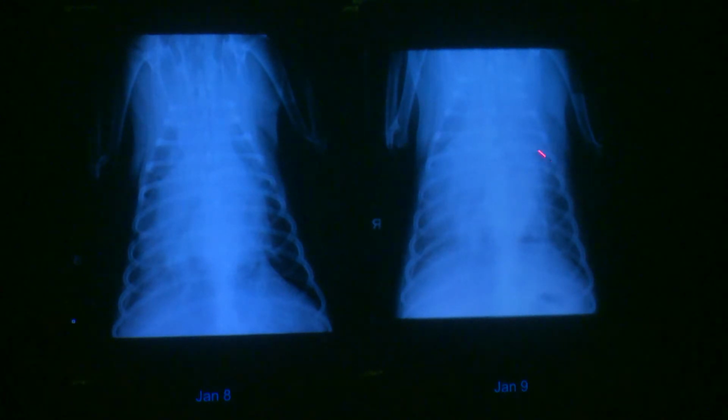So this is after about 24 hours of that last maneuver. You could argue this side looks worse, in fact, with what we've done. And this side, I think I can see these vessels higher up now. I can see these vessels better than I could here. So I think she's gotten better on that side and worse on that side, if that's possible.